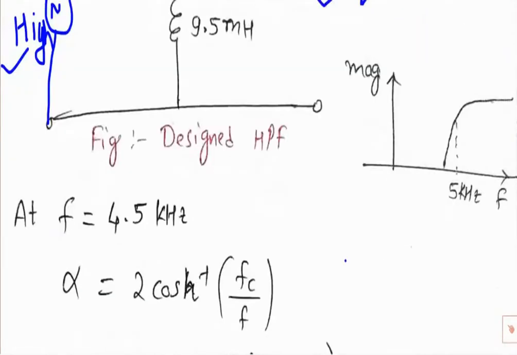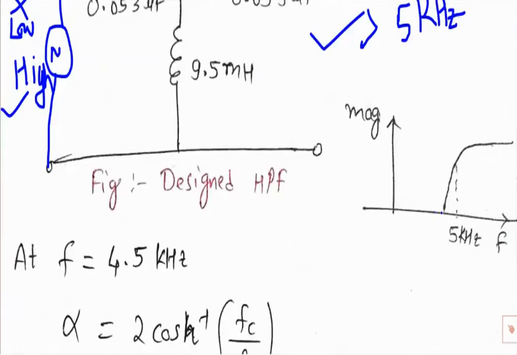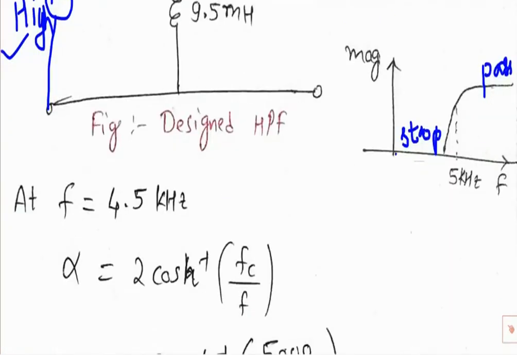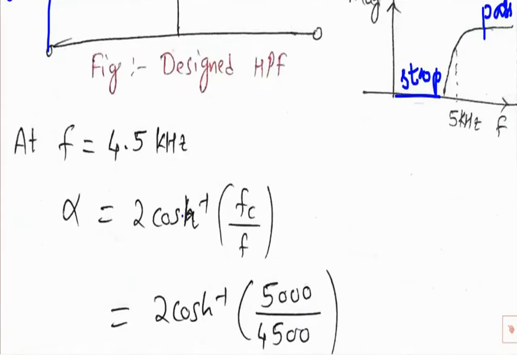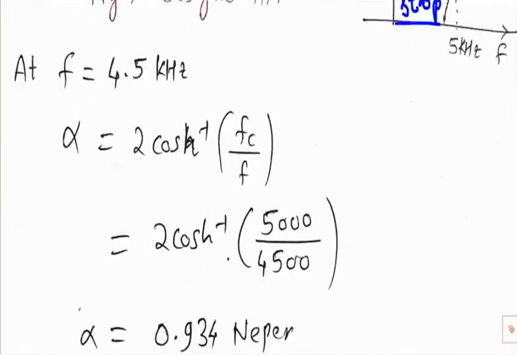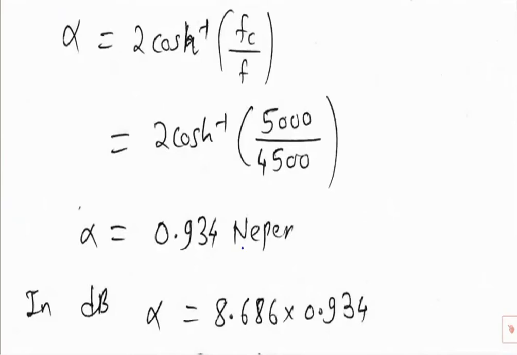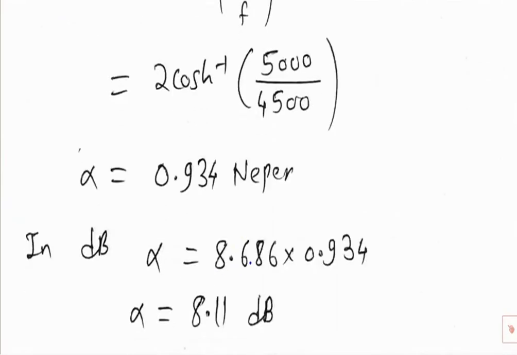Okay, now we have to calculate alpha. Less than 5 kilohertz will be our stop band, and after 5 kilohertz will be our pass band, because these signals are being passed. We always calculate attenuation in the stop band. So at 4.5 kilohertz, calculate the value of alpha by using the formula 2 cosh inverse fc by f. It comes out as 0.934 Nepper, and in dB it is 8.686 into 0.934, that means 8.11 dB.